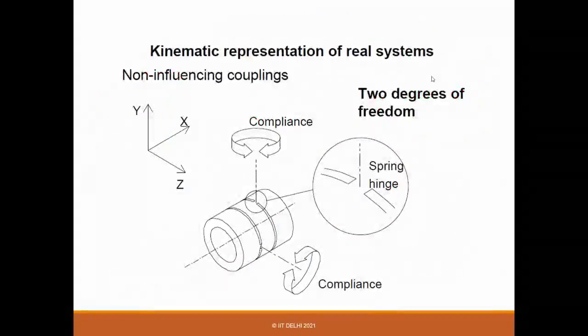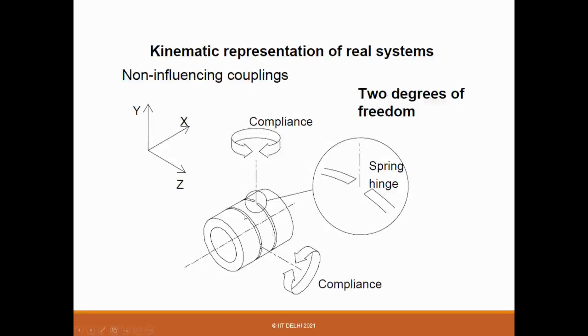So for instance, if you can see this case, so many times in design you use universal joints, right? Or you might have heard about Oldham coupling. So there are a lot of designs, but try to visualize from this perspective, from degrees of freedom. So this is a flexure version.